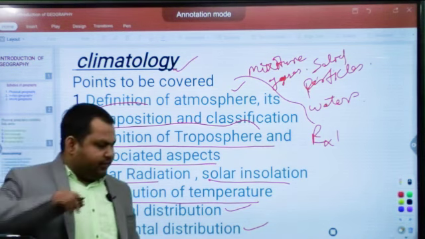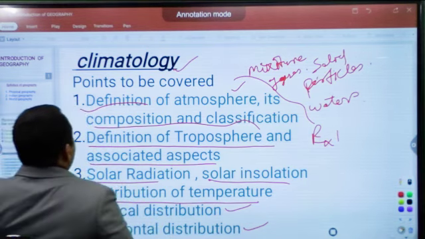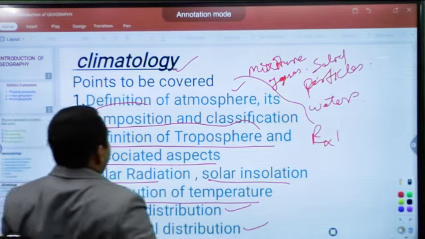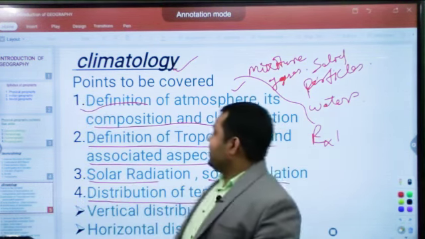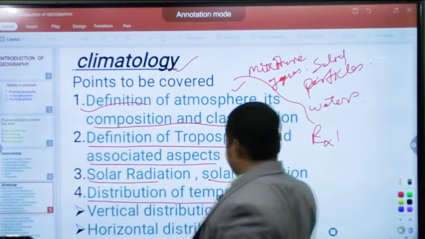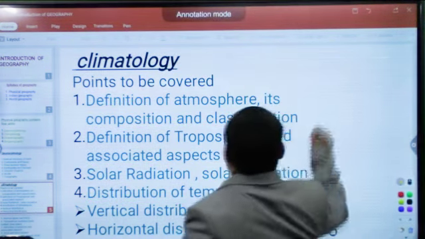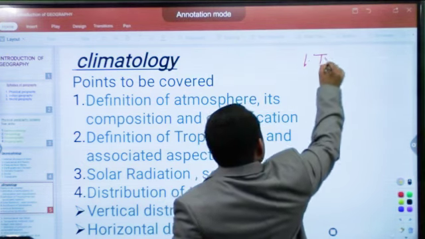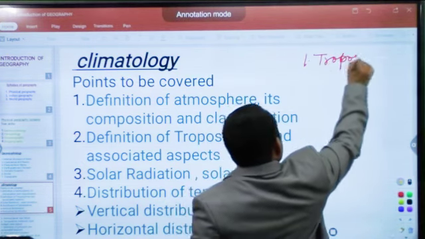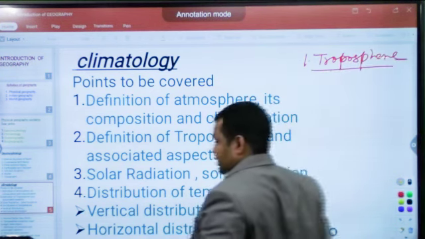The atmosphere can be classified into 5 categories. One is troposphere.